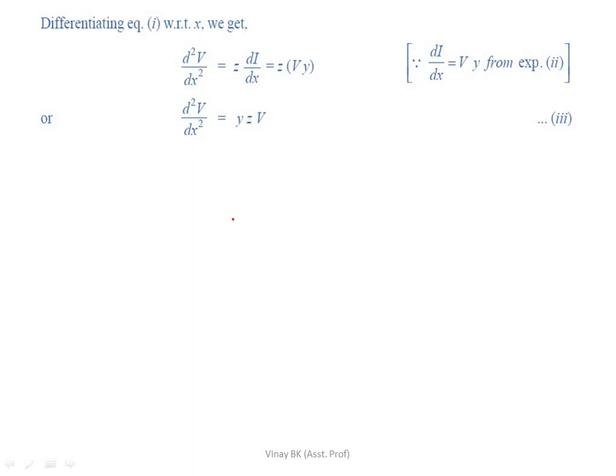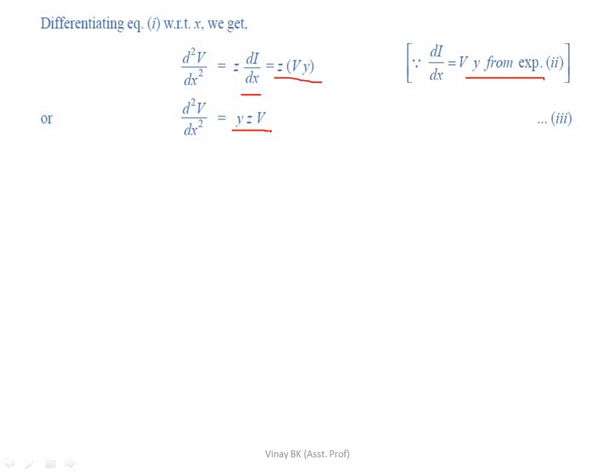So I can write Z into dI/dx, and here dI/dx is nothing but V into Y from equation 2, so I can write it as Z into V into Y. So rewrite this as YZ into V.